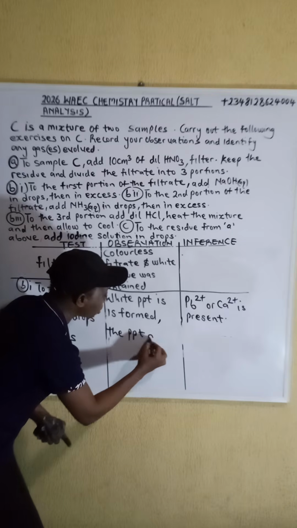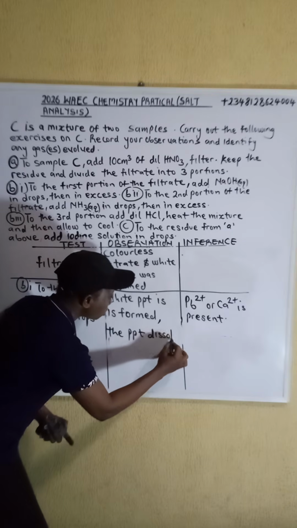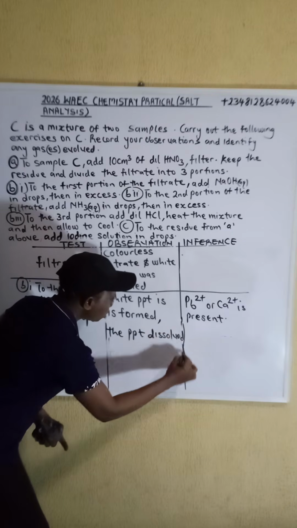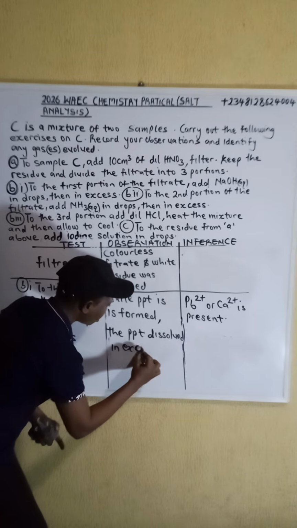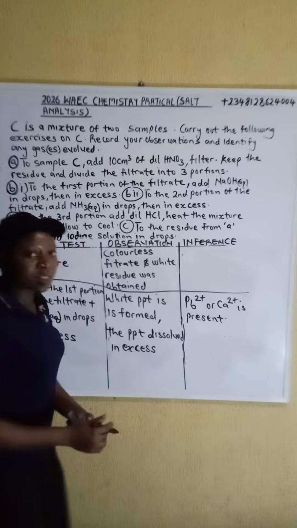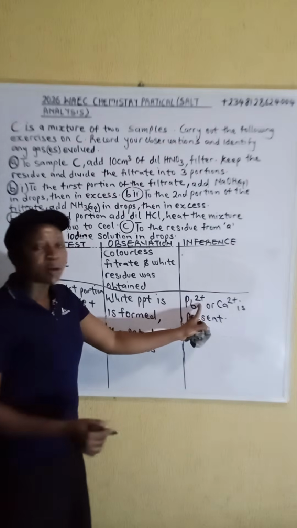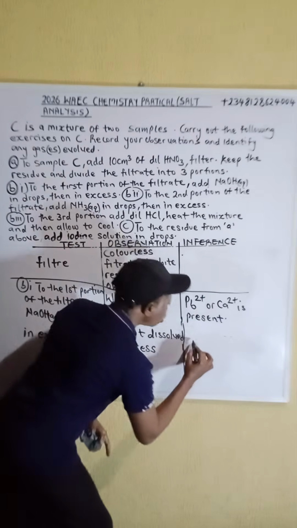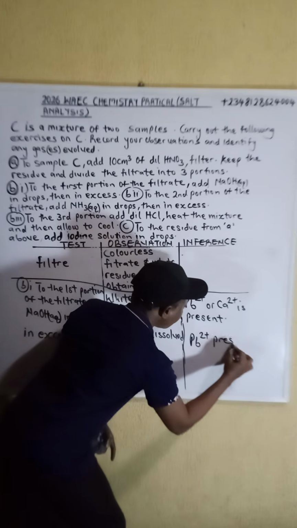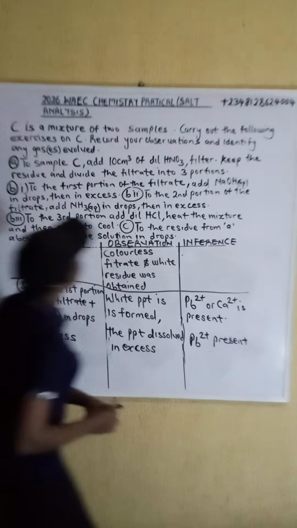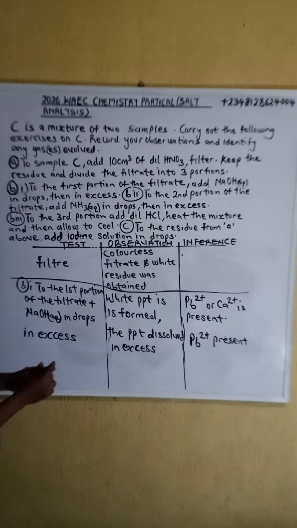The precipitate dissolves in excess to confirm the presence of lead ion. So lead ion is present. So we have answered B Roman figure 1.